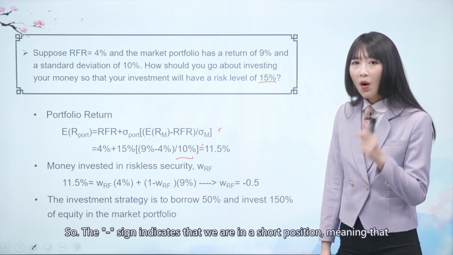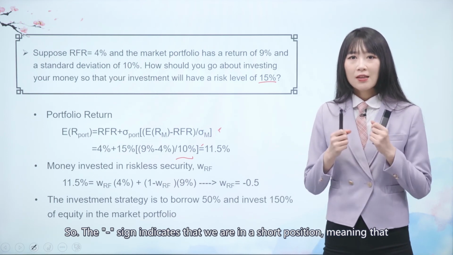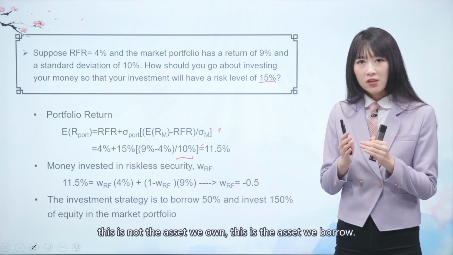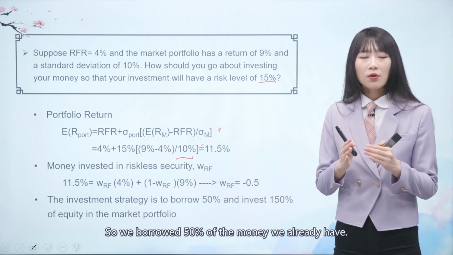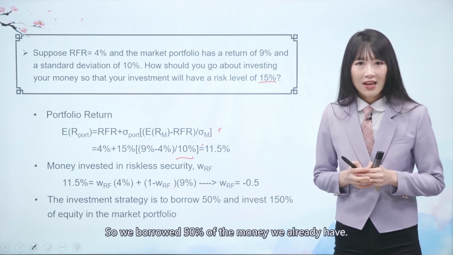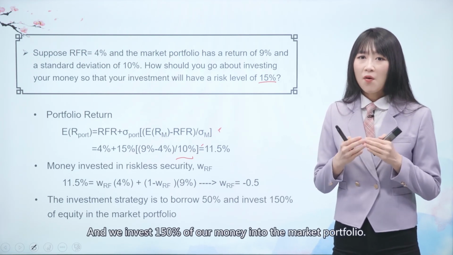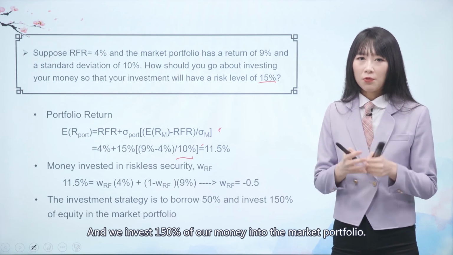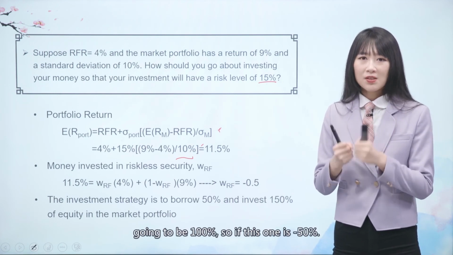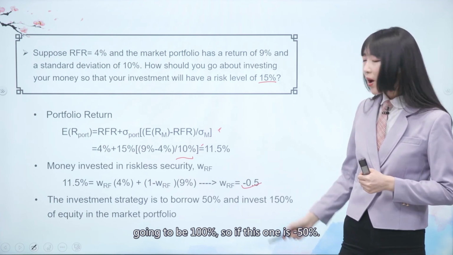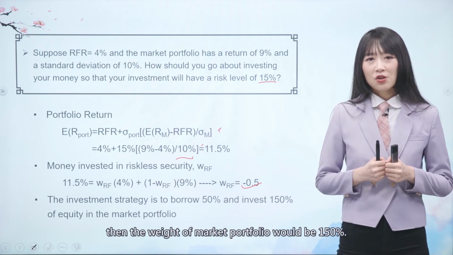So the minus sign indicates that we are in a short position, meaning that this is not an asset we own, this is an asset we borrow. So we borrowed 50% of the money we already have, and we invest 150% of our money into the market portfolio. Remember, the portfolio's weight is always going to be 100%. So if this one is minus 50%, then the weight of the market portfolio would be 150%.